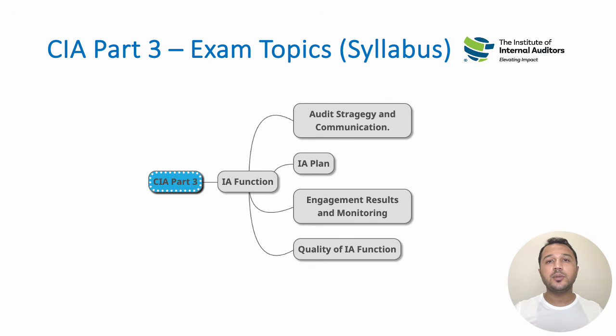So some of the key components of CIA Part 3 are how you devise the internal audit strategy and communicate to the governing bodies or management, CEO or the board members, how you form your internal audit plan, how you communicate the audit engagement results, and how you monitor the audit findings and their follow-ups in terms of corrective measures, and the overall quality of the internal audit engagement.